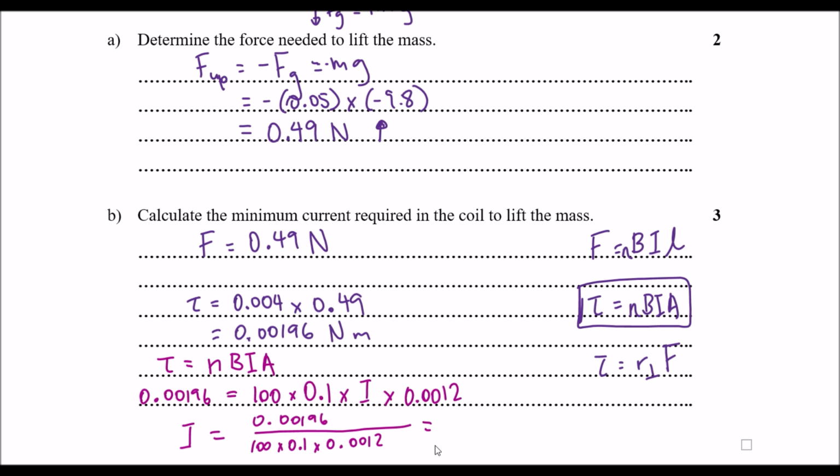As you can see, you could always just multiply the numbers first on the current side and then divide it over. Don't have to just move it this way. So the current we have here, I'll give you approximate to 3 significant figures, 0.163 amps, 3 sig figs. And so that is how you do this question here.